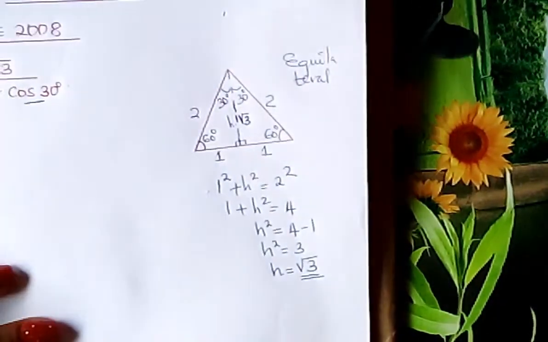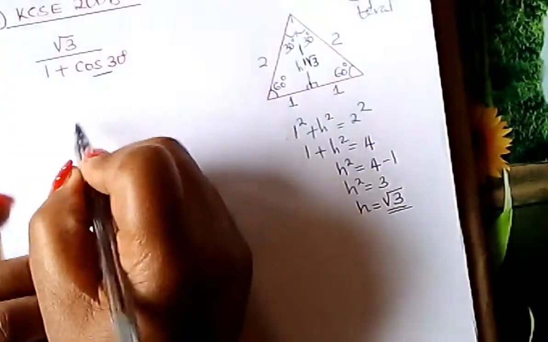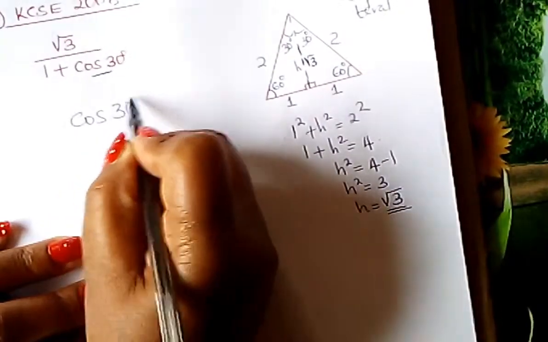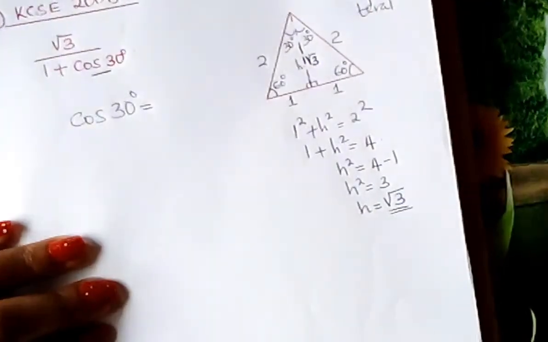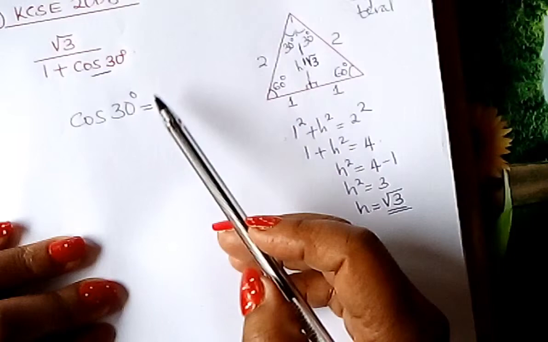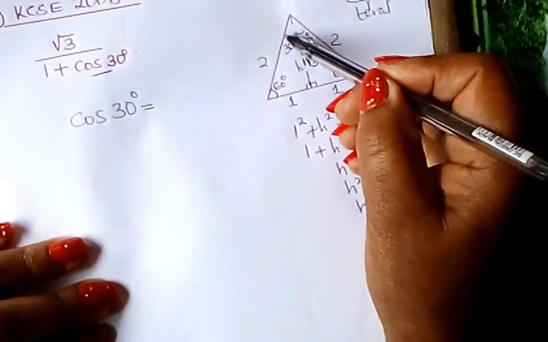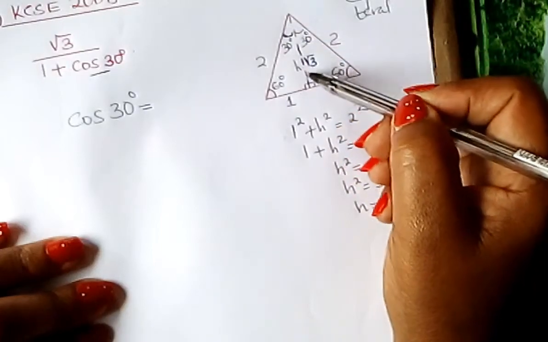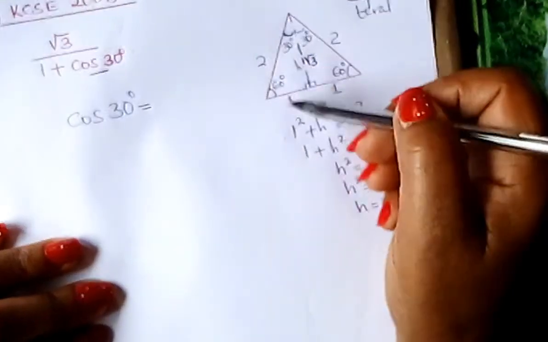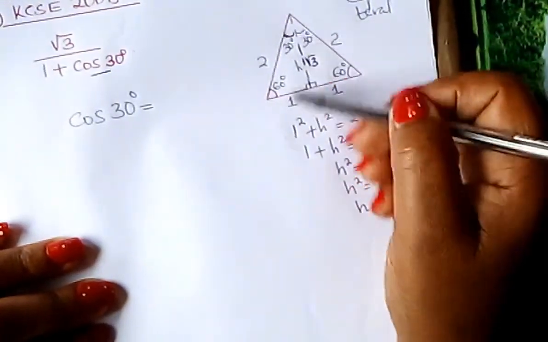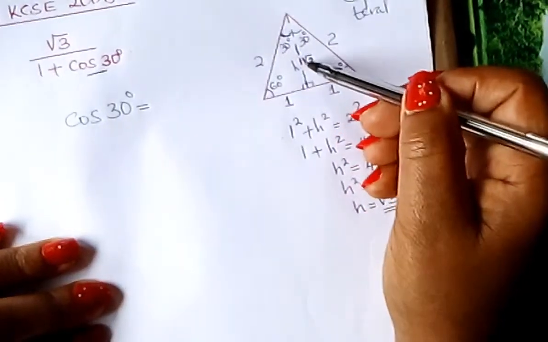So learner, what is your cos 30? Cos 30 degrees, we know that it is adjacent over hypotenuse. So the cos of 30 degrees, learner, it is this adjacent here over hypotenuse, because this is the opposite. So adjacent is this.